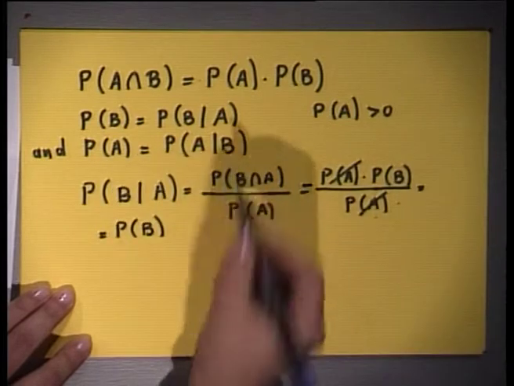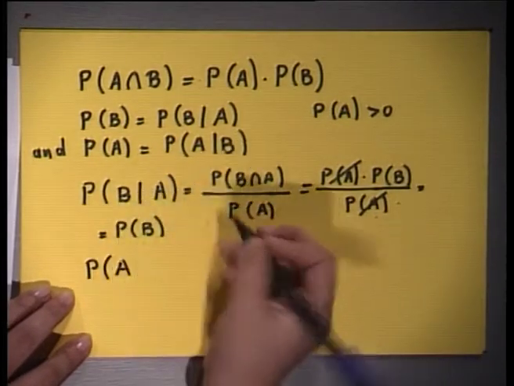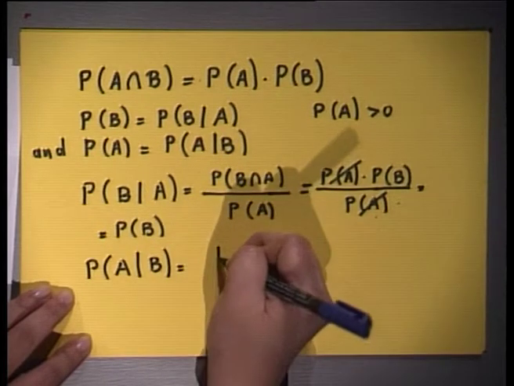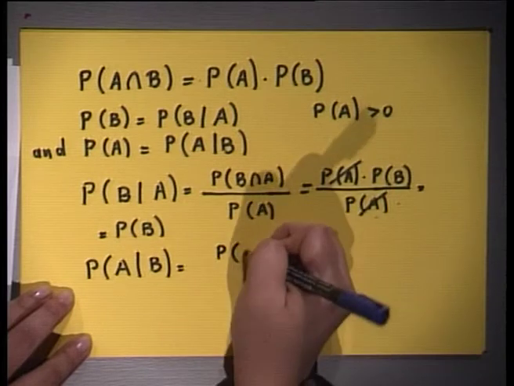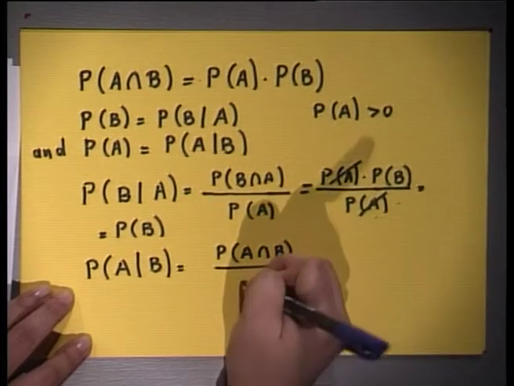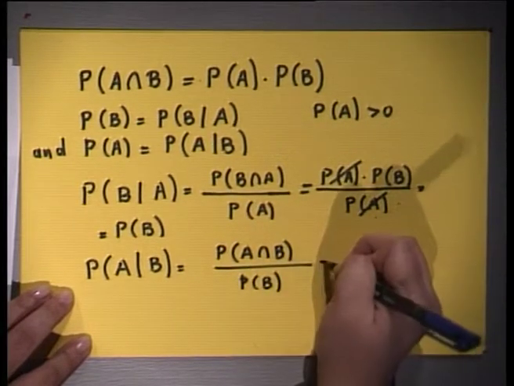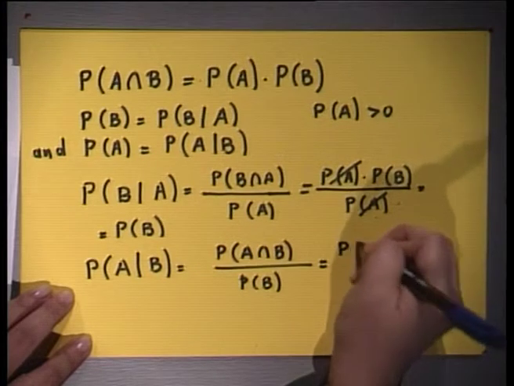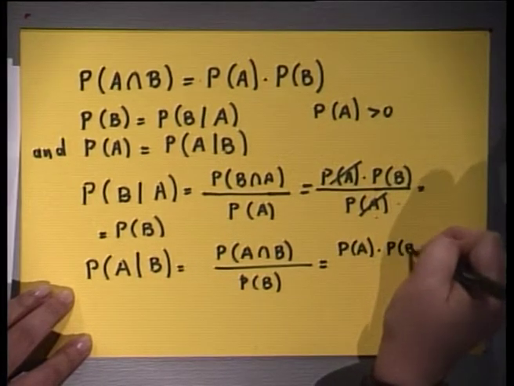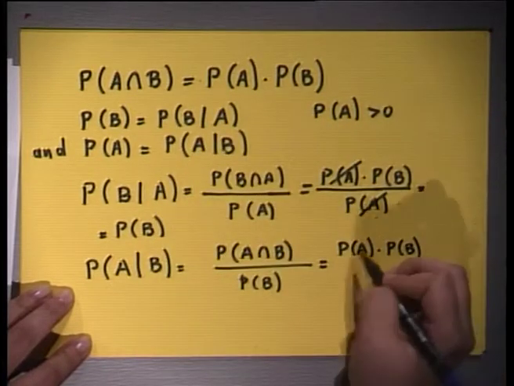The same way, for the second part, we have that the probability of A given B will be the probability of A intersection B divided by the probability of B. And so this is equal to the probability of A times probability of B from the definition of independent events.